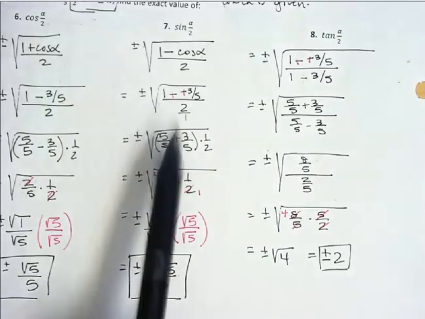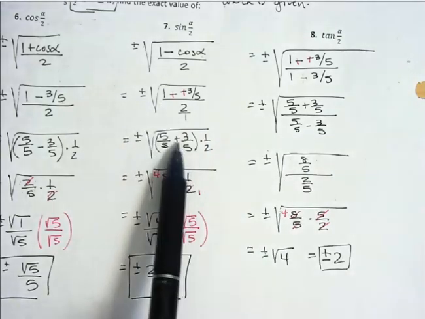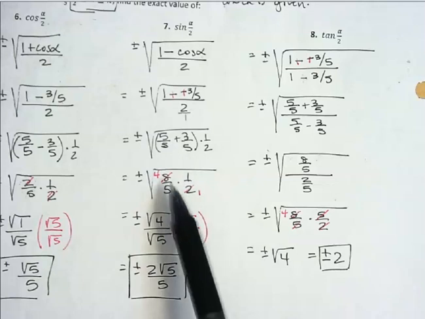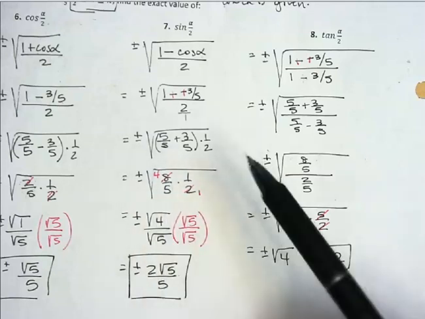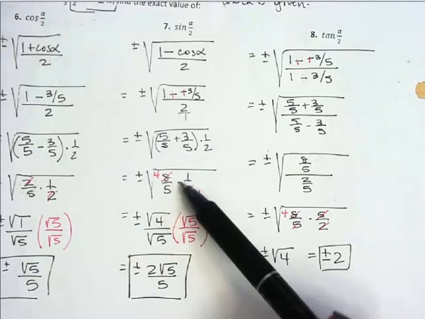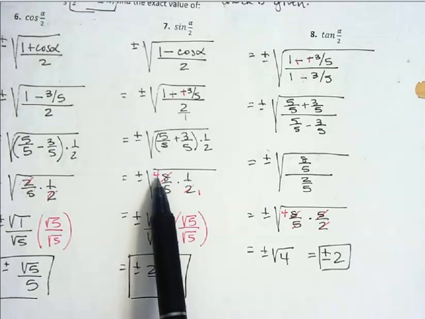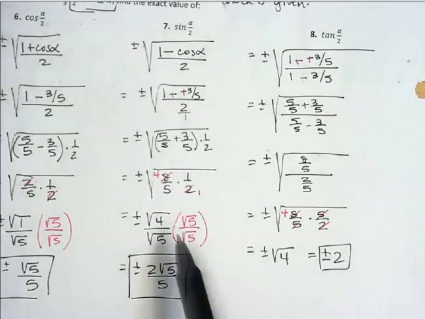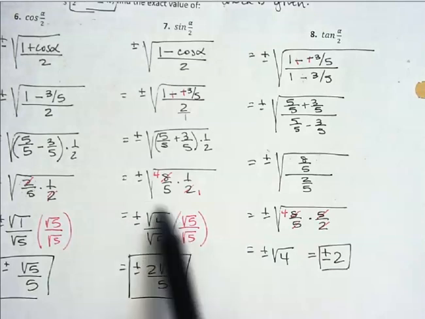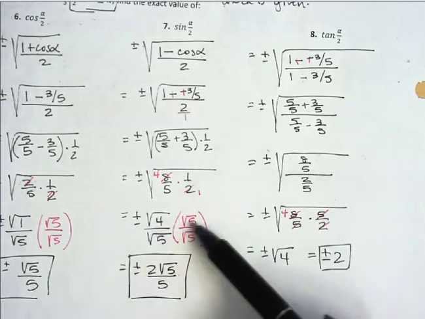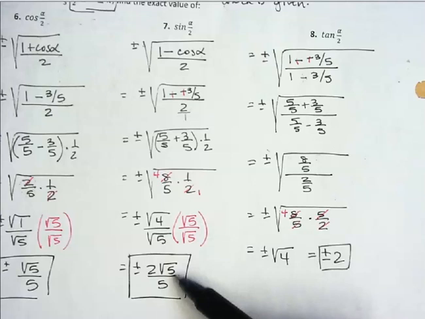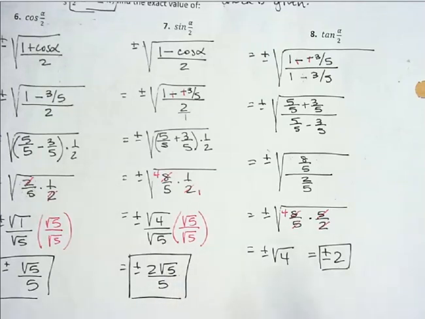So I rewrite my 1 as 5 over 5. This time I'm adding 3 instead of subtracting, so I have 8/5. Keep, change, flip is 8/5 times a half. 8 over 2 simplifies to 4 over 1. Multiplying across the top is 4, across the bottom is 5. You can stop at plus or minus radical 4/5, or if you rationalize the denominator, you end up at plus or minus 2 rad 5 over 5.